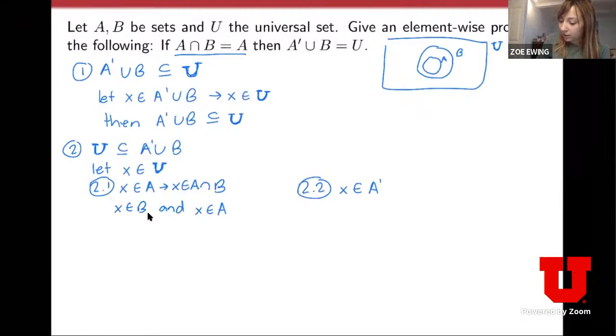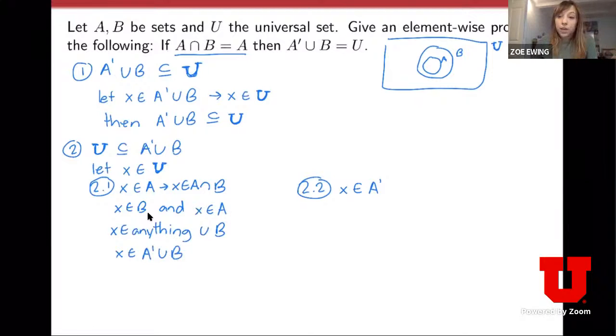And if X is in B, then X is in anything union with B, right? And that's by definition of the union of sets. So then we can say that X is in A complement union B. So that one's all taken care of.